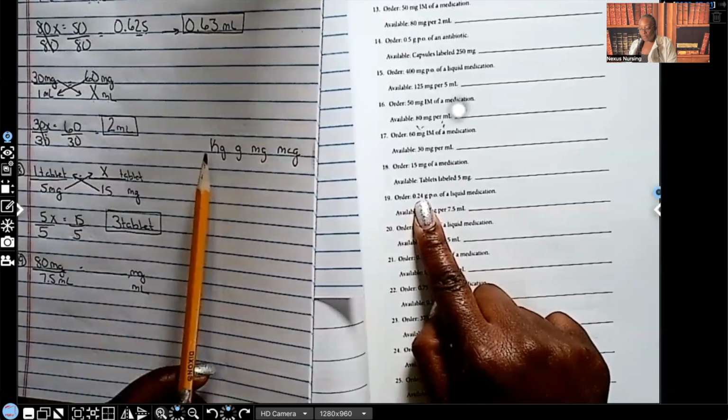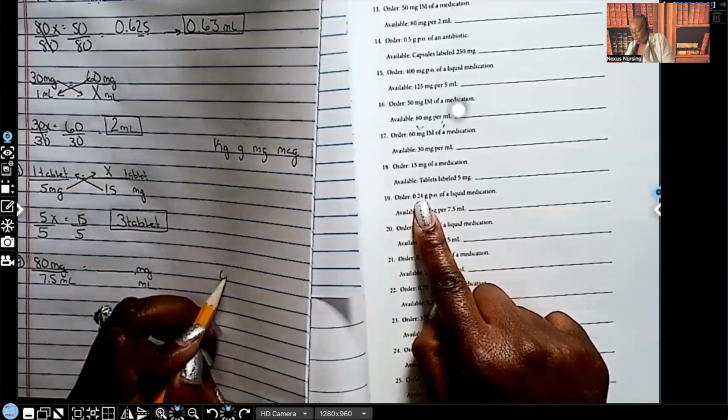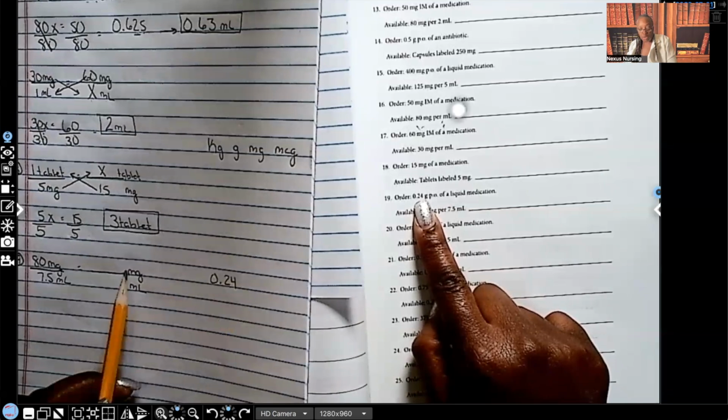Okay, so remember, every time I move my decimal point this way, I'm going 3 spaces, and every time I move it this way, I'm going 3 spaces. So if I have 0.24 grams, but I need milligrams, it's right here, guys. I need milligrams, not grams.